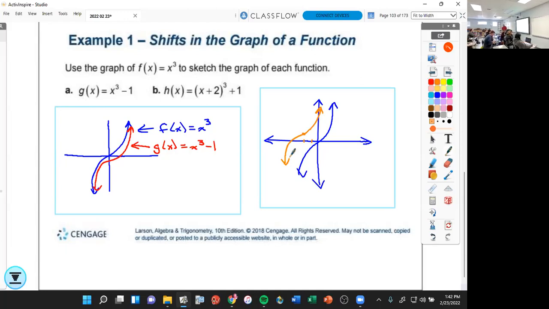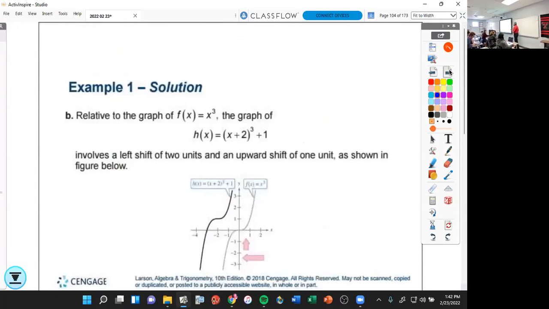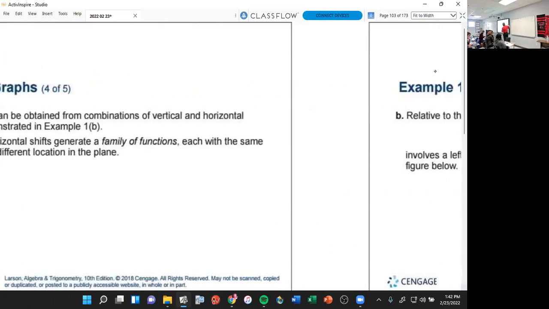The next 2 screens have the nice drawings. So there is the x squared plus 1. Let me go back real quick.